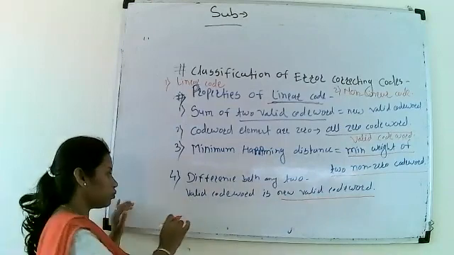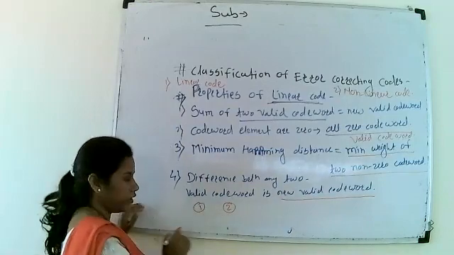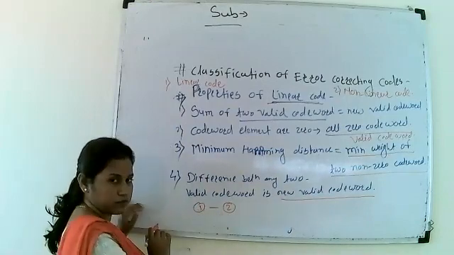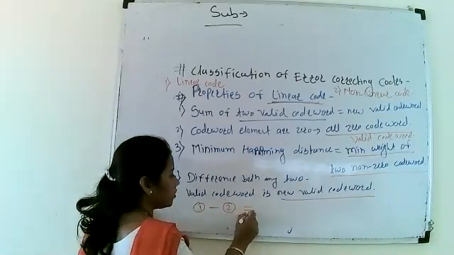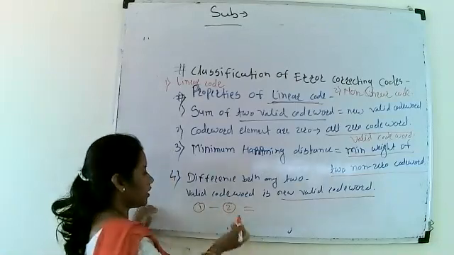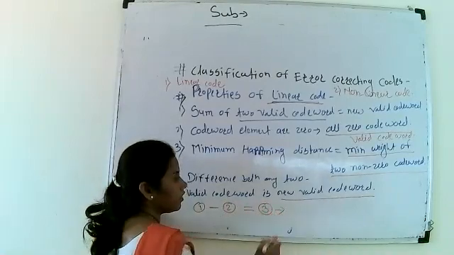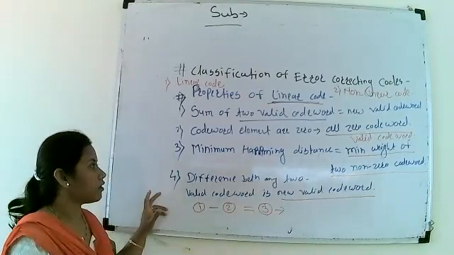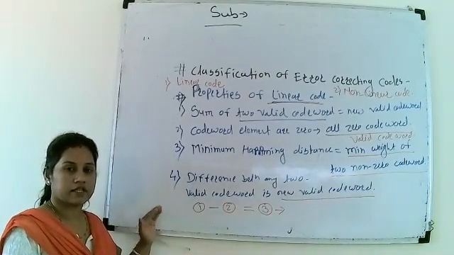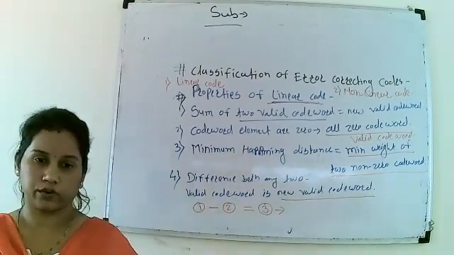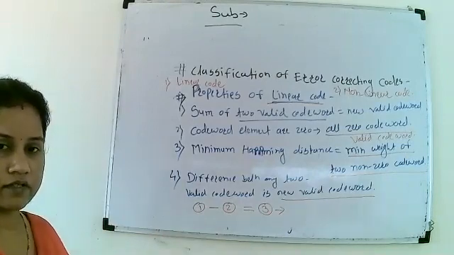When we have two code words, the first code word and the second code word, and we take the difference 1 minus 2, whatever difference is generated from this operation is a new valid code word. When we satisfy all these four properties, then we say this is a linear code word. That does not happen with the non-linear code words.